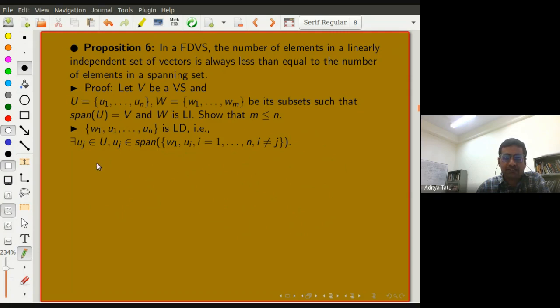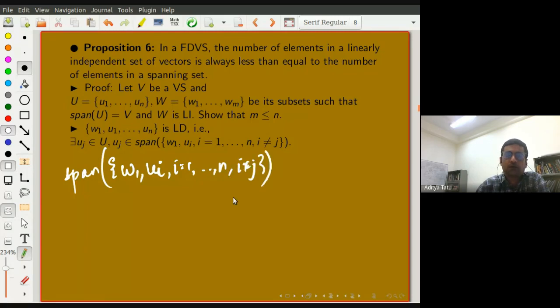So what can we say about this set? What is the span of w1 and all the remaining u's? What will be the span of this set?